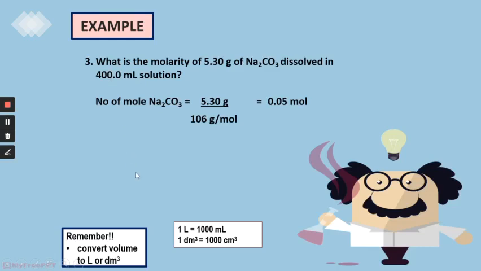For the answer, you must get the volume in unit liter, so you have to convert milliliter into liter. Using the equivalency, 1 liter equals 1000 milliliter, you will get 400 milliliter equals 0.4 liter.